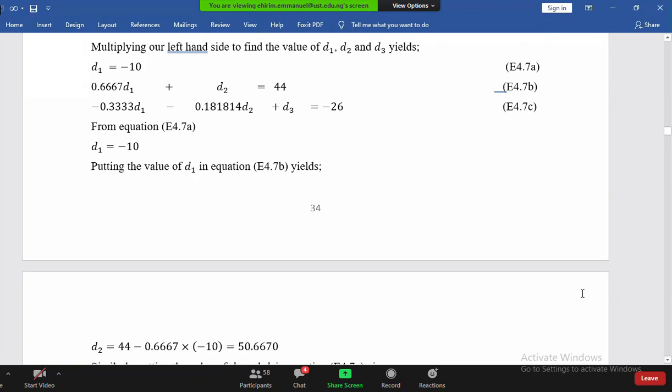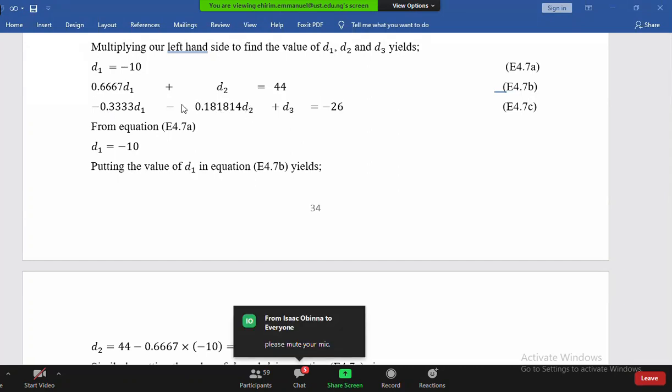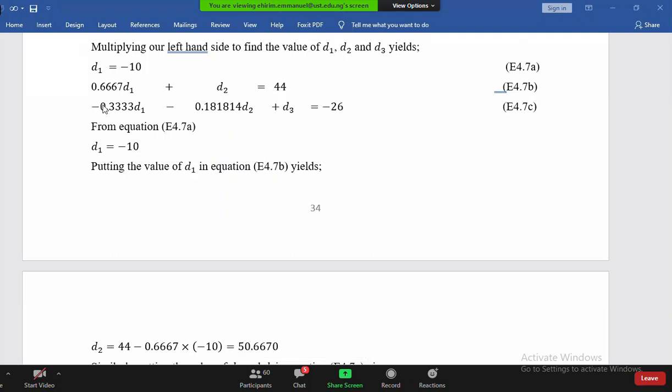So now we know D1 and we know D2. We can calculate D3. This will be positive, D2 times 50.